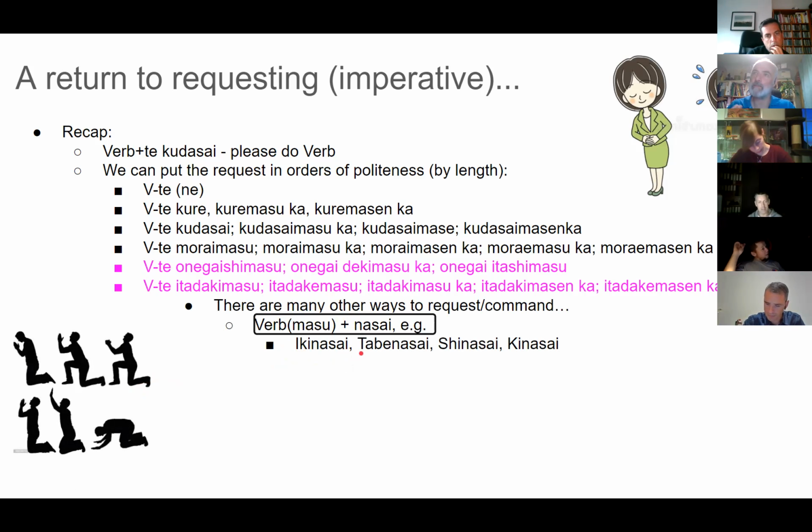Taberu becomes tabemasu, remove the masu, becomes tabenasai. Suru, shimasu, shinasai. Kuru, kimasu, kinasai. And this all means please do.